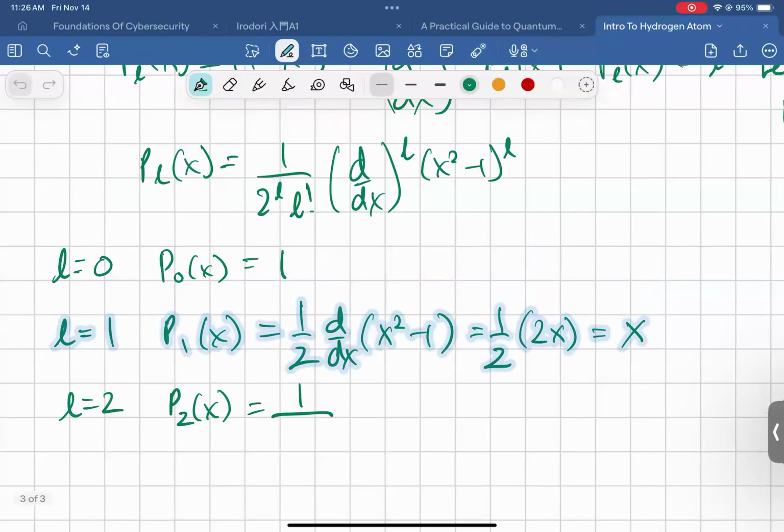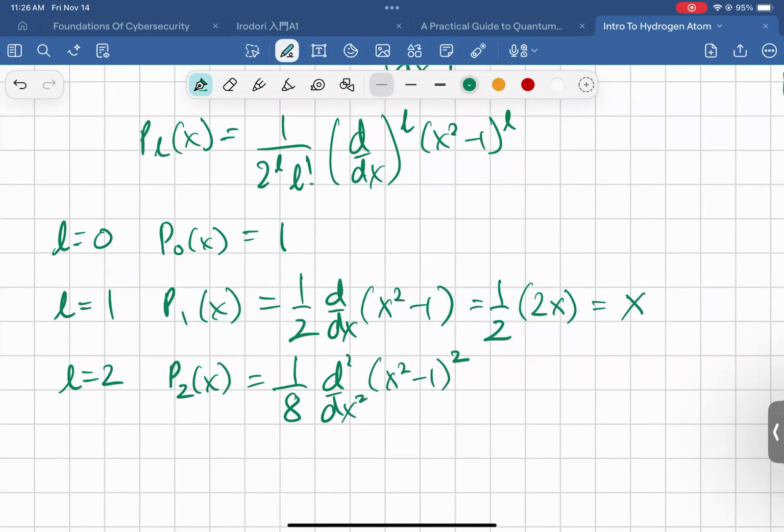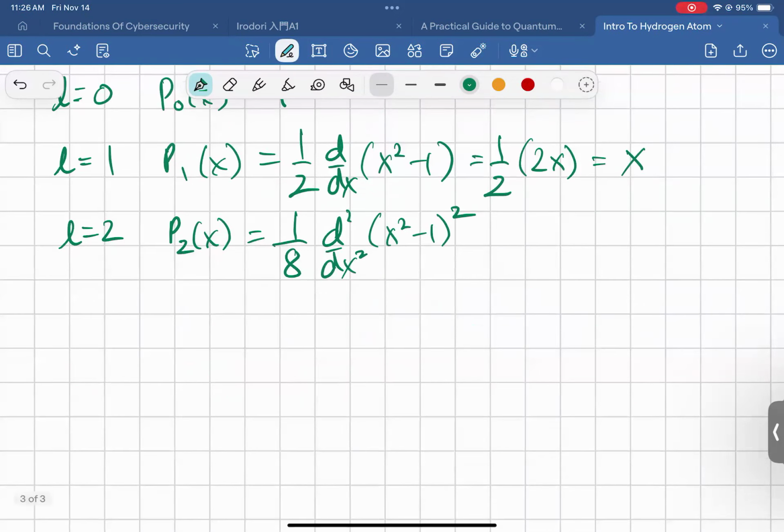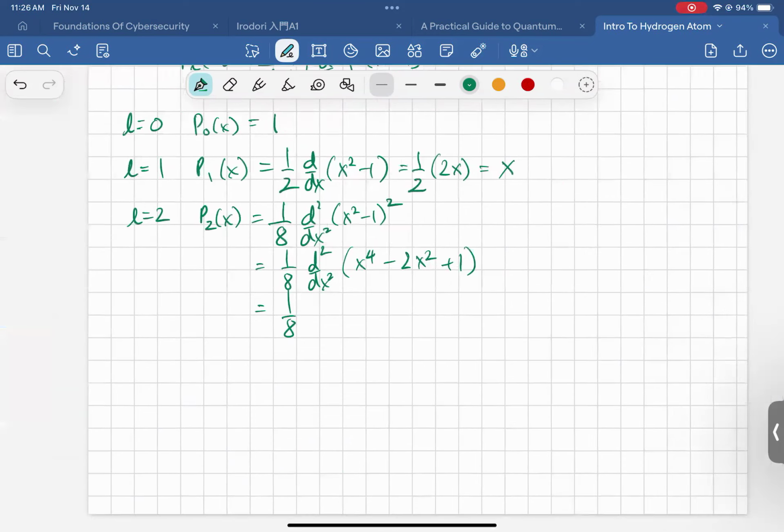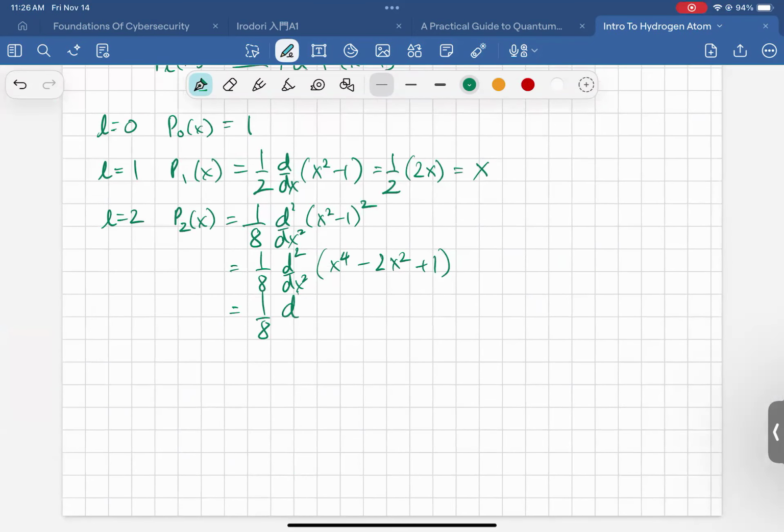And then second derivative, okay, ng x squared minus 1 squared. Okay, so this is equal to 1 over 8. Second derivative, okay, ng x squared minus 1. So that's x to the 4th minus 2 x squared plus 1. Okay, so equal to so 1/8. Okay, second derivative.